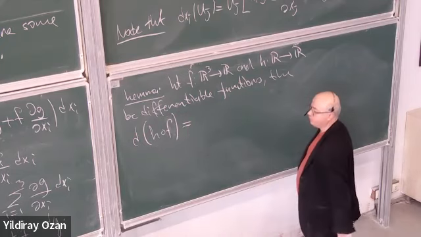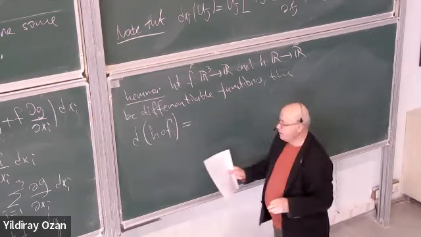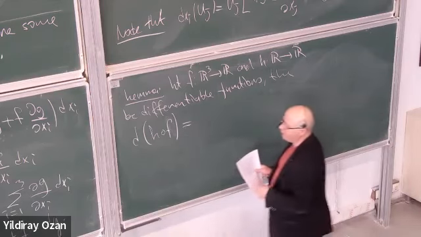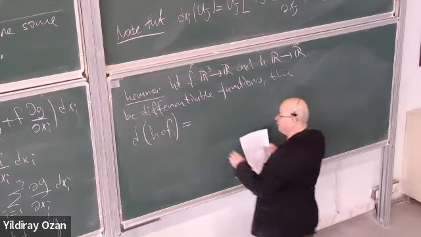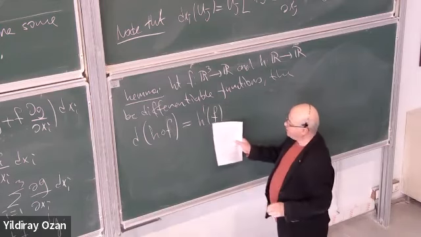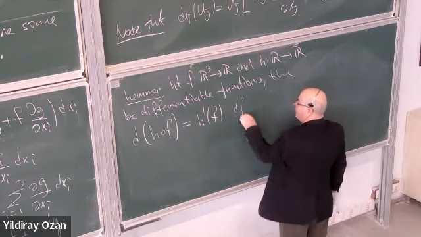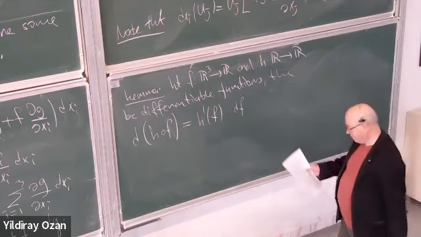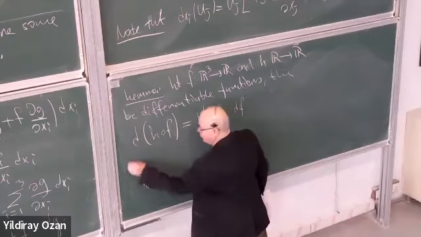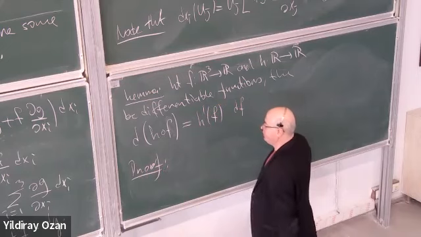What is the differential of this? Well, differential is like derivative. So we should have a kind of chain rule. And here's the chain rule. This is just the derivative of h evaluated at f times the differential of f. And the proof is, again, just from the definition, basically.